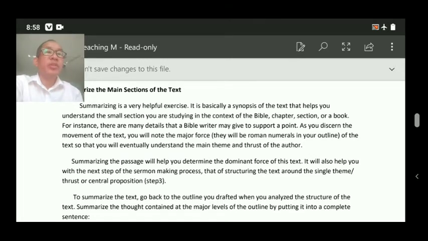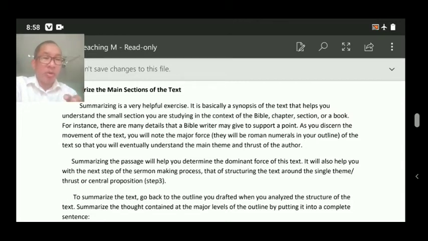It is basically a synopsis of the text that will help you understand a small section you are studying in the context of the Bible, chapter, sections, or a book. Now, synopsis means all the parts come together.